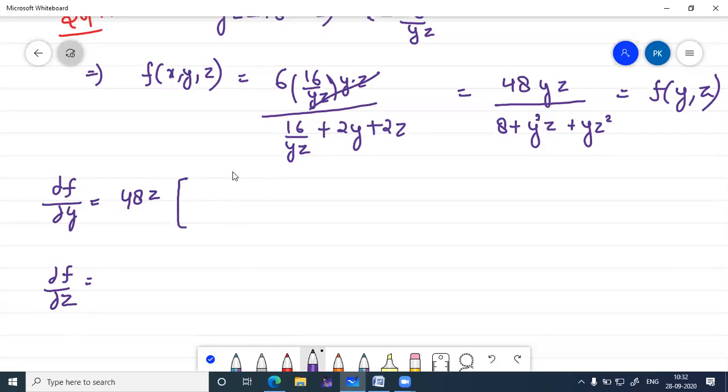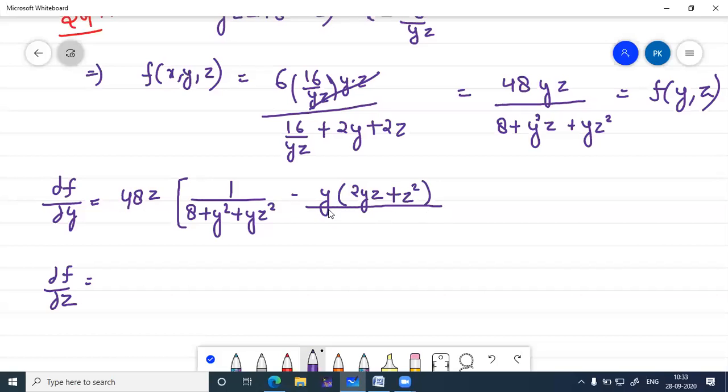48z. I'm writing down directly, just check it yourself. इसको evaluate करके आएगा 8 plus y square z plus yz square minus, plus z square divided by 8 plus y square z plus yz square whole square.